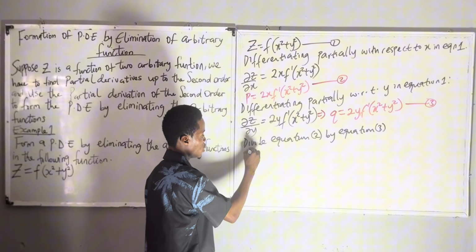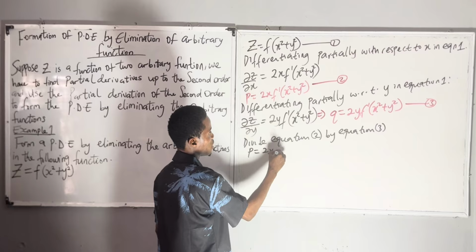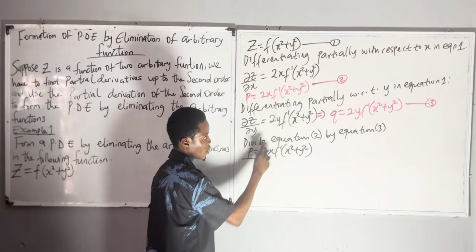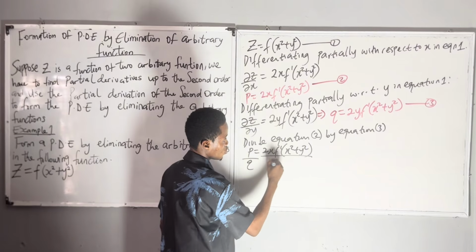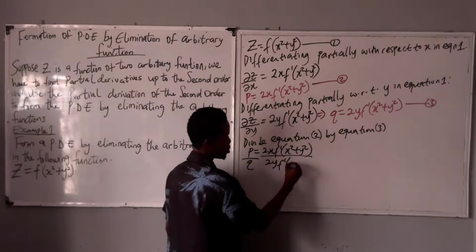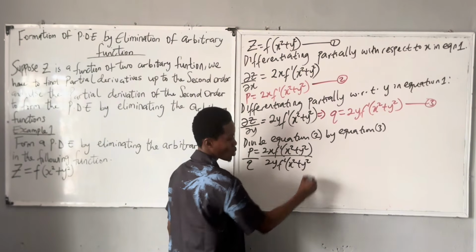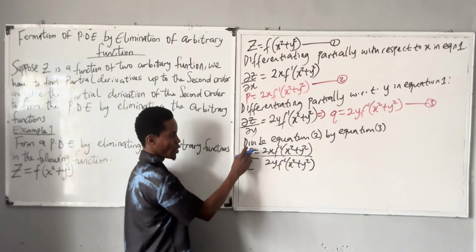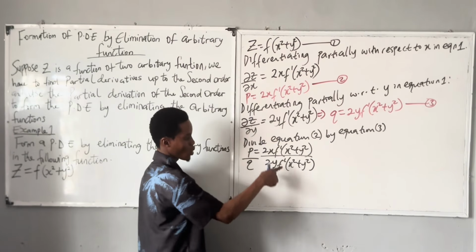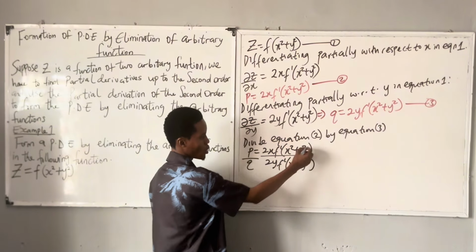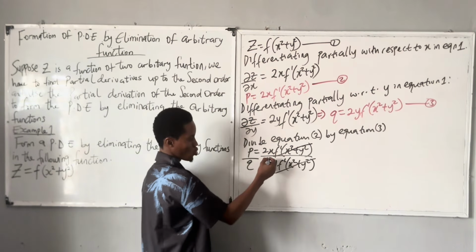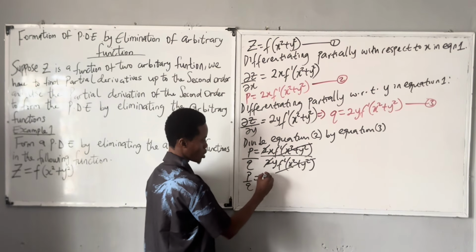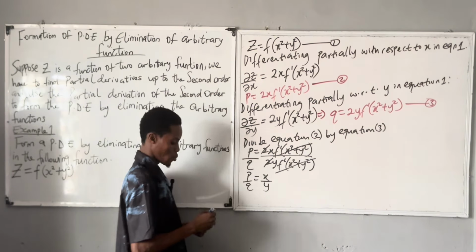So I'm going to have P over Q is equal to 2s f prime x square plus y square divided by 2y f prime x square plus y square. So what am I going to have next? The f prime x square plus y square is common here, I can cancel them out. 2 is here, 2 is here. So I'll be left with what? P over Q is equal to what? S over y.